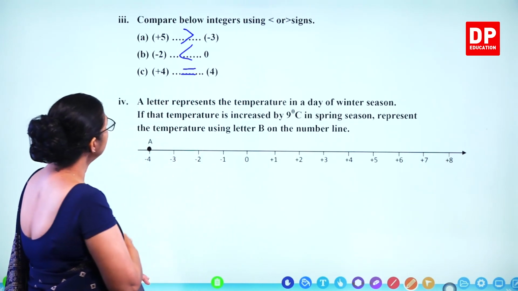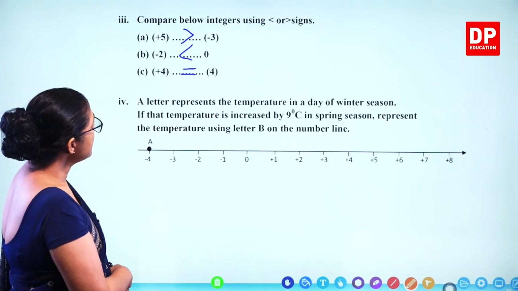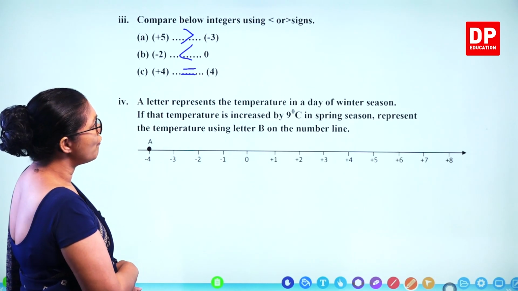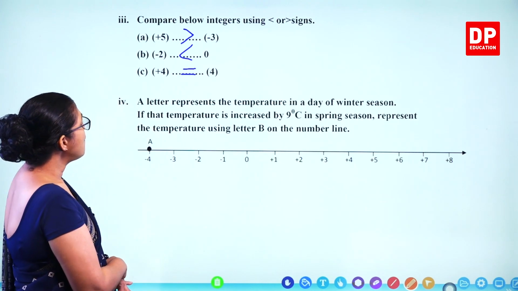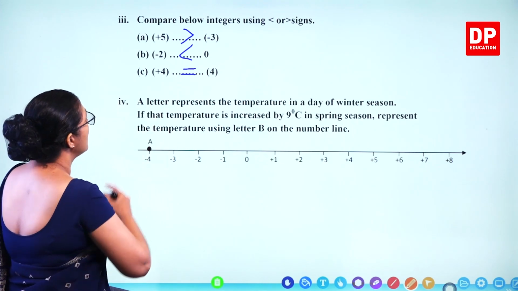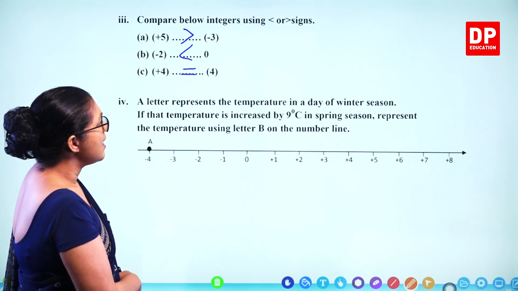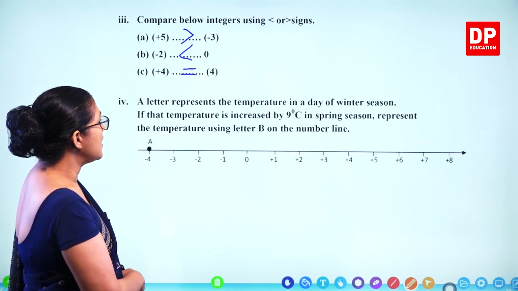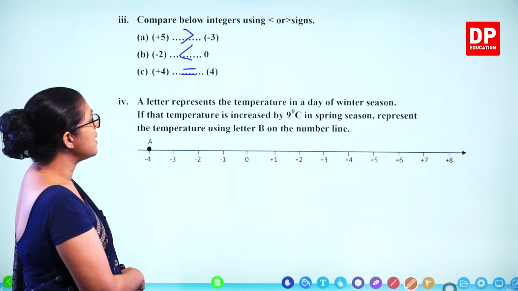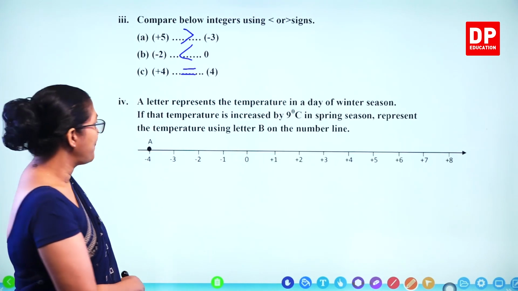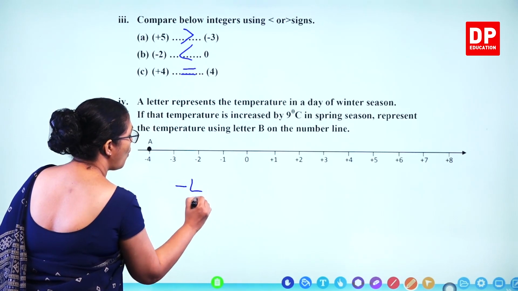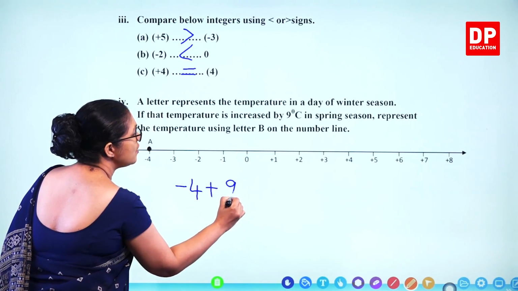And the next one. A letter represents the temperature in a day of winter season. If the temperature is increased by 9 degrees Celsius in spring season, represent the temperature using letter B on the number line. So minus 4, add 9 to that.